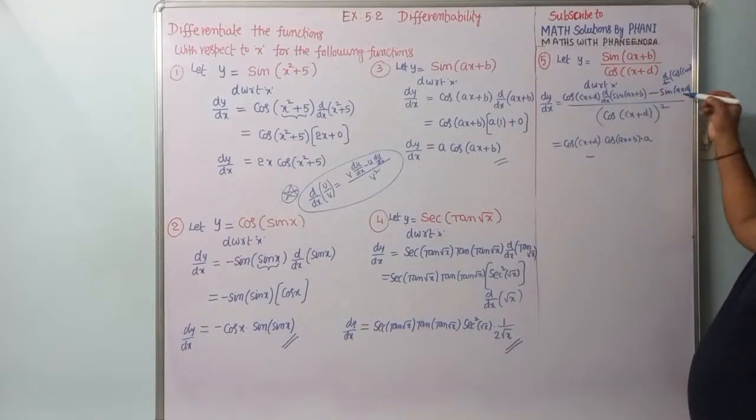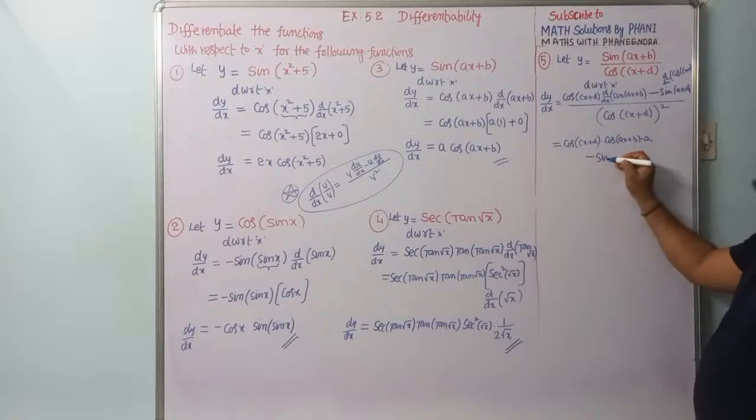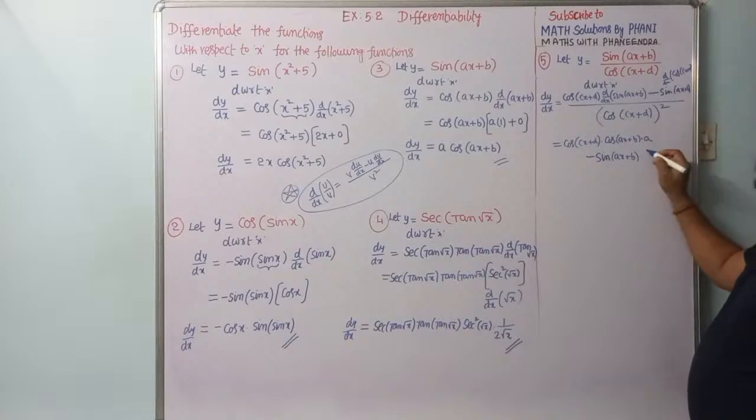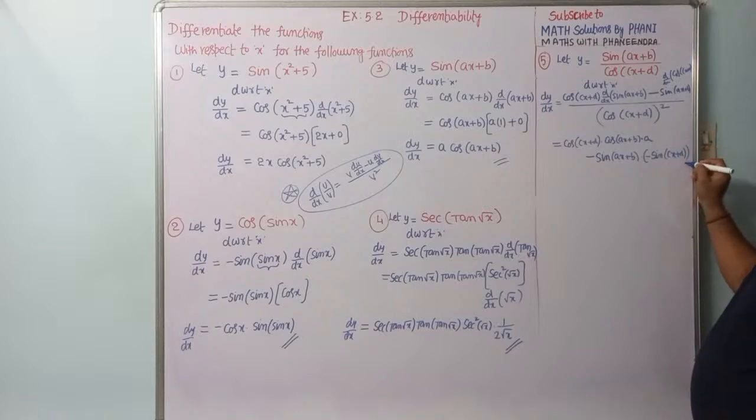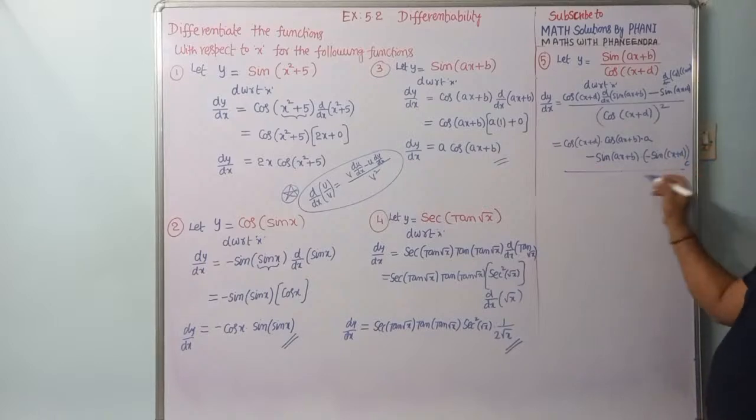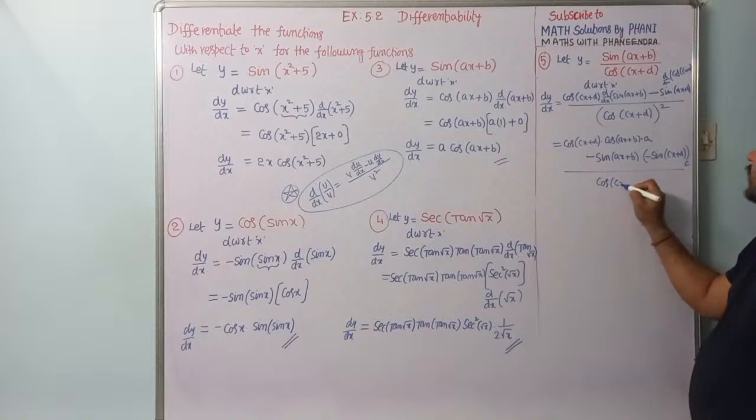So next term, sin of (ax plus b) into d by dx of cos. So minus sin of (cx plus d) into the derivative of cx plus d, which is c, divided by cos of (cx plus d) whole square.